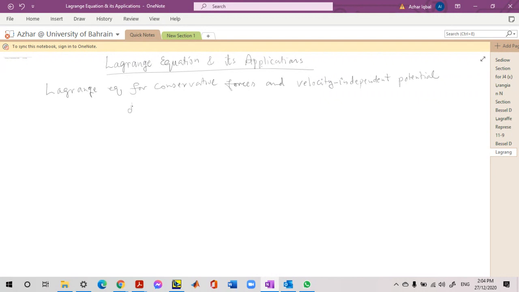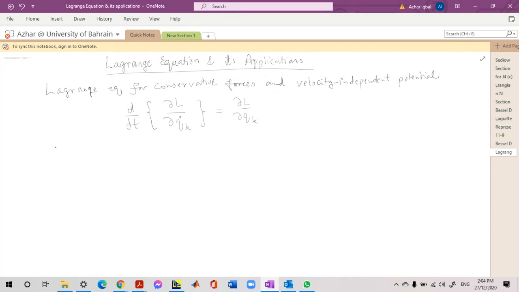And the Lagrange equation is given as the time derivative of the partial derivative of the Lagrangian with respect to the kth generalized coordinate's time derivative, qk dot, is equal to partial L over partial qk, where qk is the kth generalized coordinate.